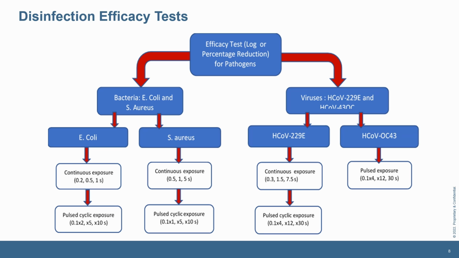Pause cyclic mode can be repeated many times until the accumulated time equals the total exposure time. For comparison purposes, we keep the same total exposure time for continuous and pause cyclic modes.